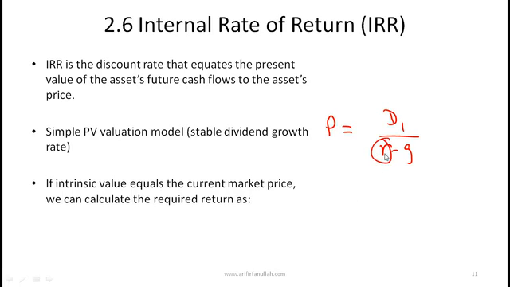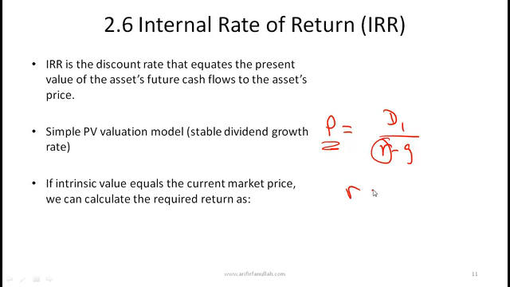R is the discount rate that makes the present value of the future cash flow equal to your investment, which is what you are paying for the stock. If the intrinsic value equals the market price, we can calculate the required return. If the market is efficient and the required return is the same as the expected return, then with basic algebra, what can you do?